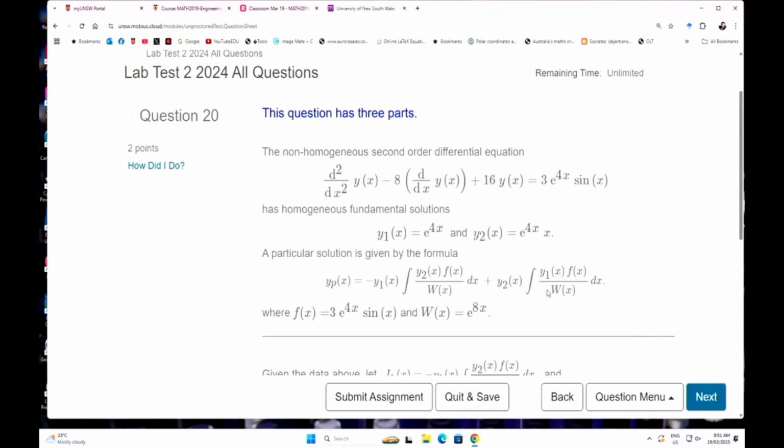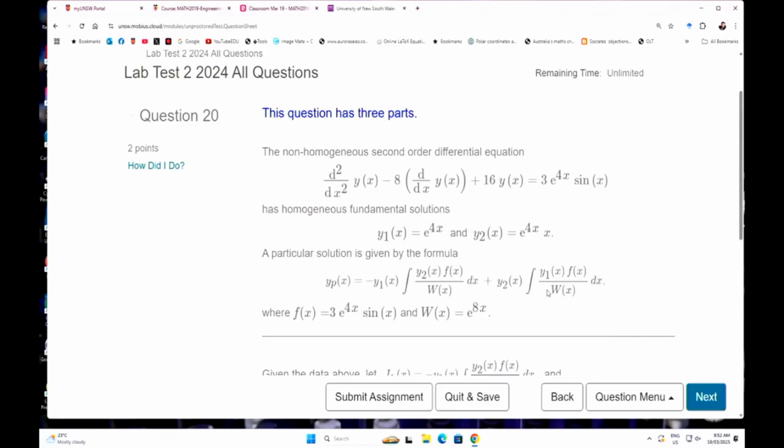So that seems like a really strange format, but the key point is that to build this crazy particular solution, you need that and that because they're part of it. So it sort of goes back to solving the simplest case and then taking those functions and putting them into this formula. Okay? Questions?